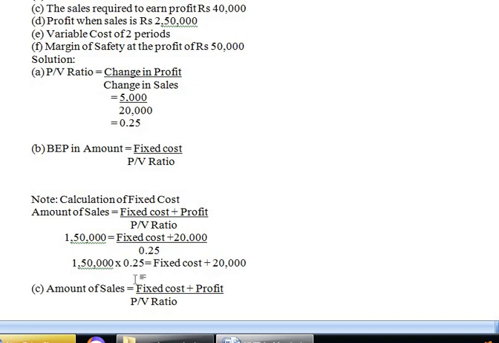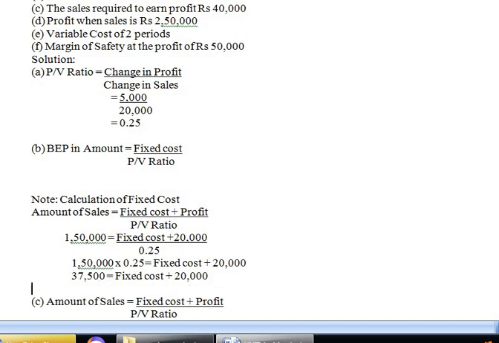So this will be 37,500 is equal to fixed cost plus 20,000.